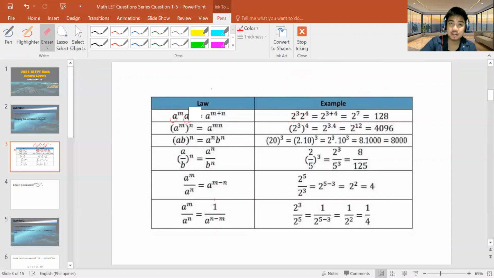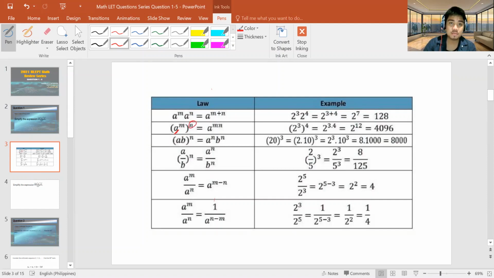Next, we have here the power of a power rule. Okay, we have here a raised to m, the quantity n.